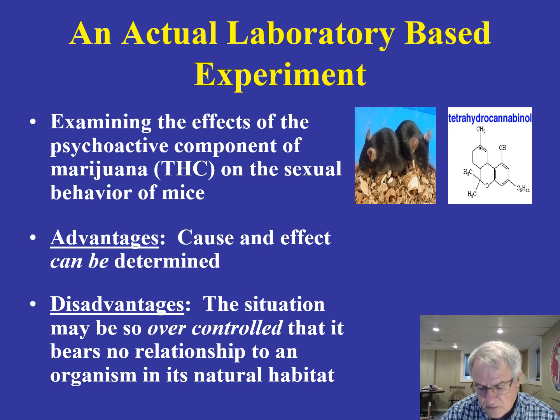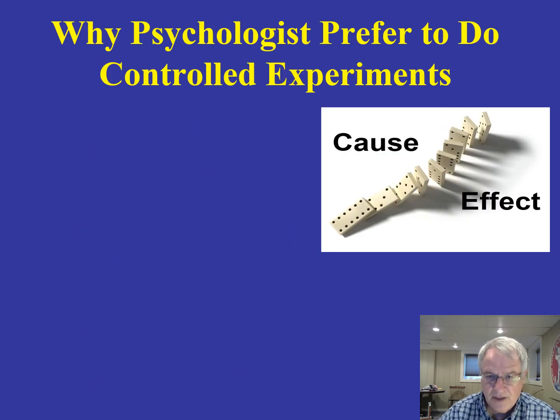But the last message that I want to give you here is a critically important one. Psychologists prefer to do controlled experiments, not just psychologists, but biologists, chemists, physicists. We want to determine cause and effect. Okay, that is our goal, and laboratory-based experiments are really the only way of doing this.